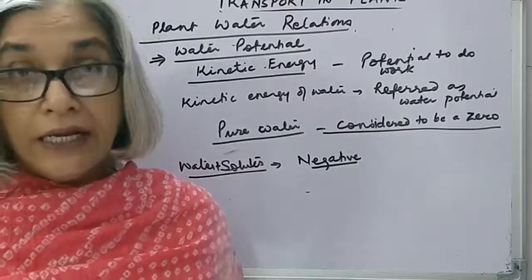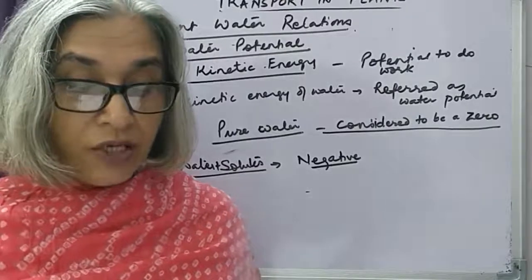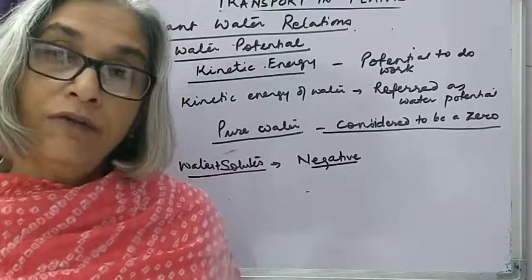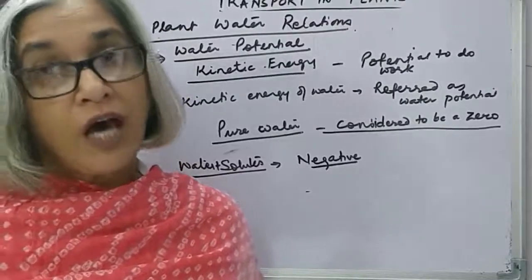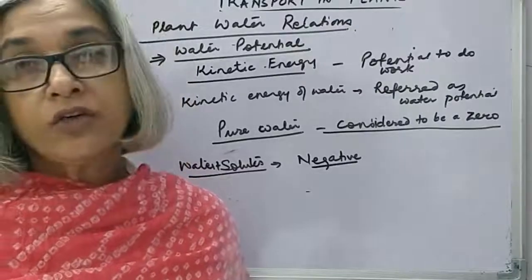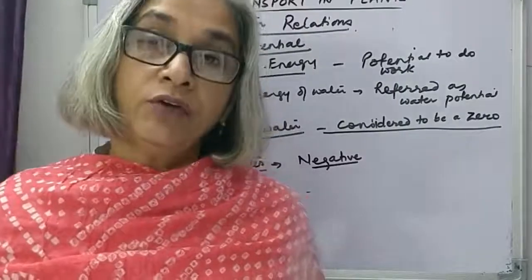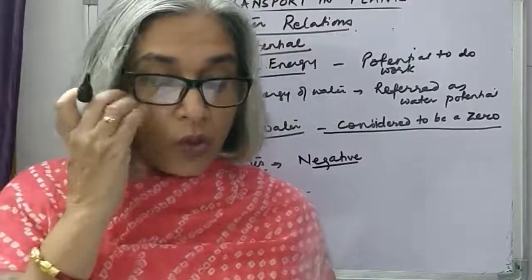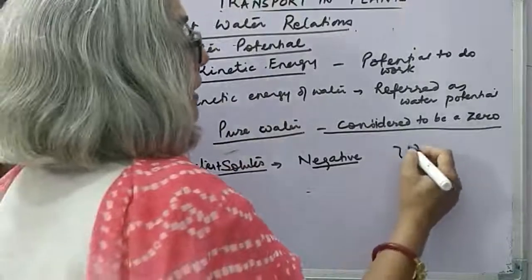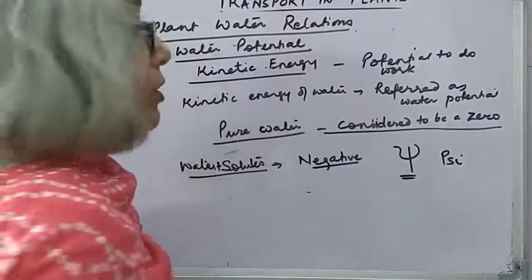Water potential is regarded as the tendency of water to leave a system, and water always moves from a region of its higher concentration to a region of its lower concentration, or we can say from a region of higher water potential to a region of lower water potential. And this water potential is represented by the Greek symbol psi. This is how we represent water potential.